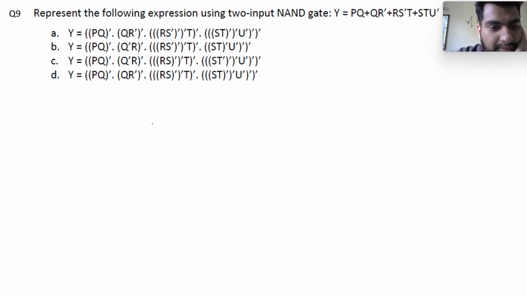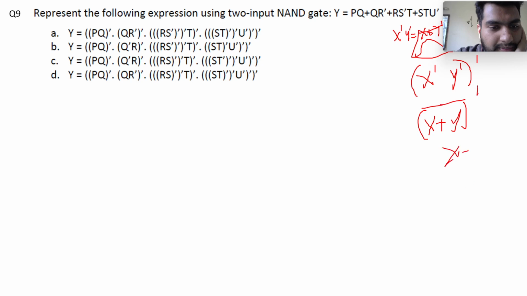So we are using this thing basically. What essentially we are exploiting here is we have x complement with y complement, and then you take its whole complement. We have this property that x complement dot y complement is simply equal to x plus y complement, and its whole complement, so that is x plus y.